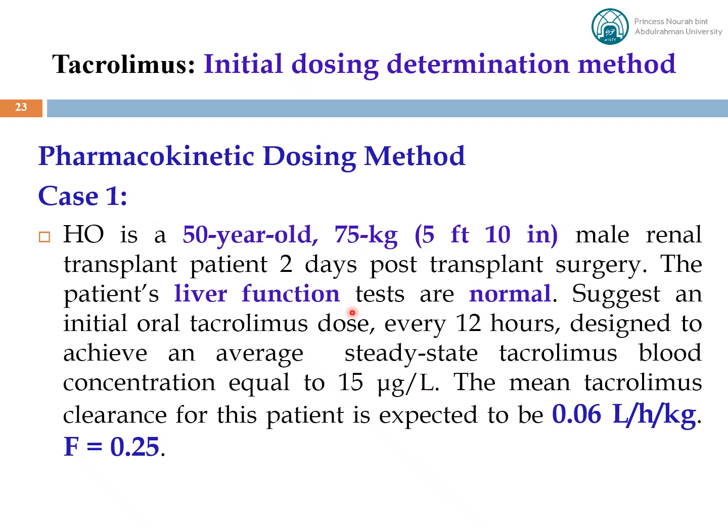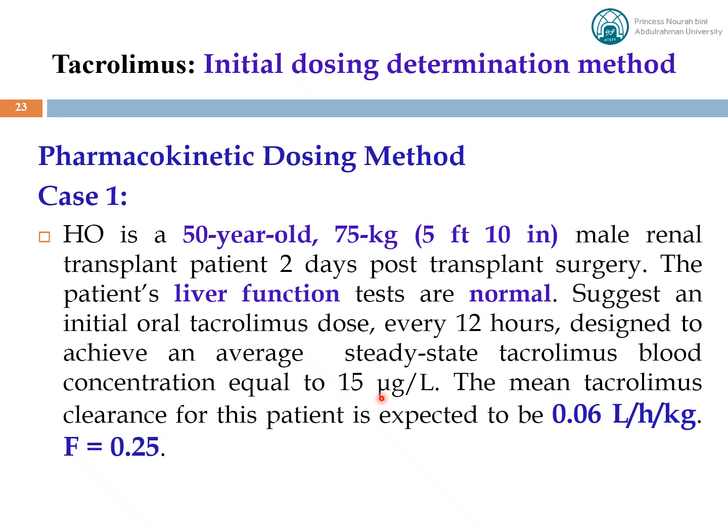Just if you remember, I want to discuss this again: steady state, which is 15 micrograms per liter for tacrolimus. When I started with slide number 18, I told you that it is 5 to 20 nanograms per milliliter.